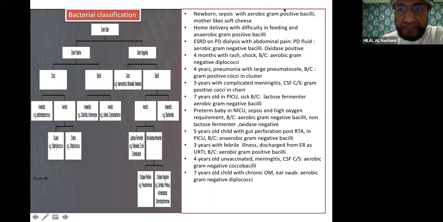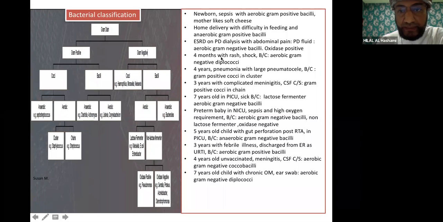By having this initial identification of the bacteria, you know that this is Listeria, which is an aerobic gram-positive bacillus. Now, for example, a child who is born at home with home delivery and presented with difficulty in feeding, initial blood culture shows anaerobic gram-positive bacilli, and it goes with Clostridium tetani.